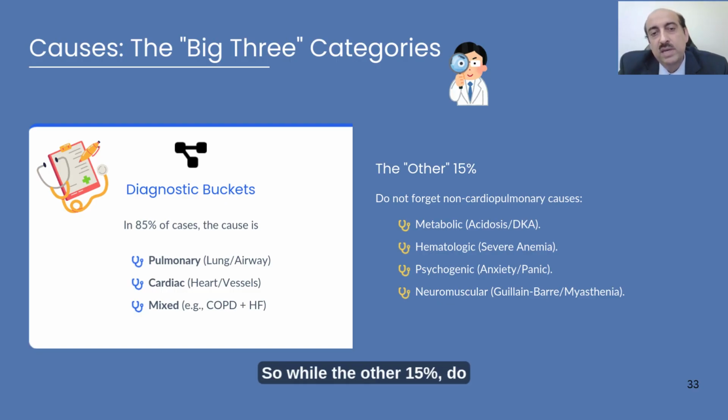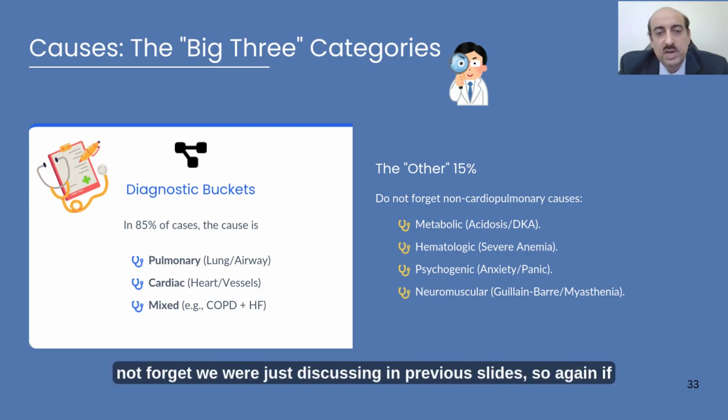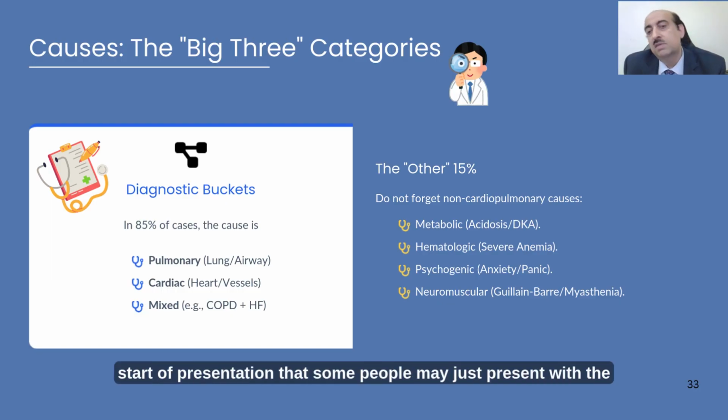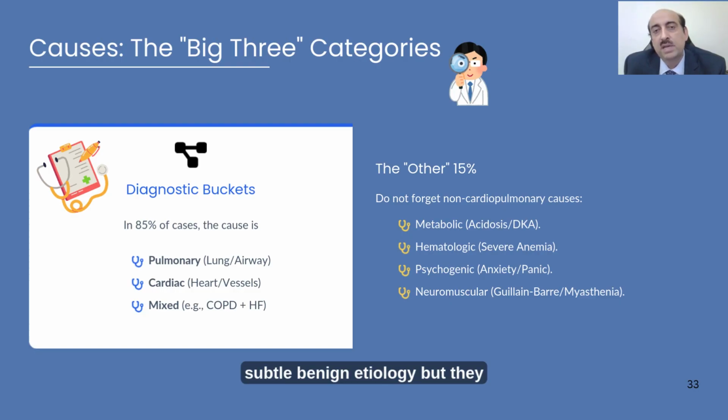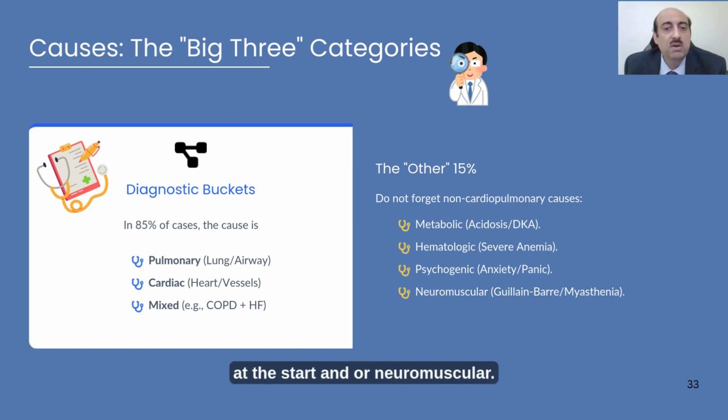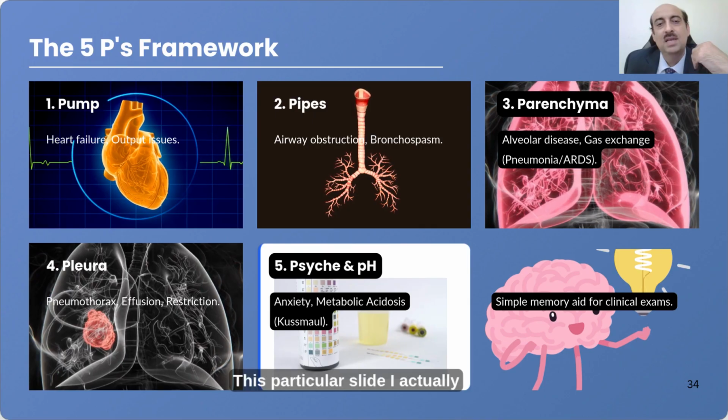While the other 15%, do not forget, we were just discussing in previous slides: a metabolic acidosis due to DKA or uremia, or hematological causes like severe anemia, psychogenic. We were discussing at the very start of the presentation that some people may present with a subtle benign etiology, but that has to be a diagnosis of exclusion rather than inclusion at the start, or neuromuscular. So these 15% form the rest of the bucket.